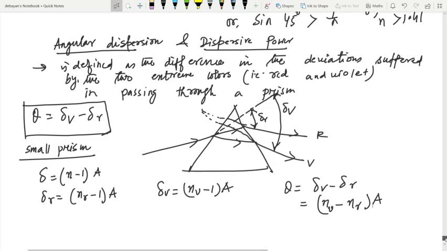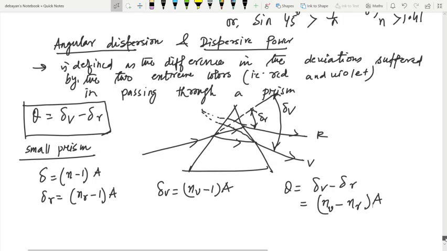And dispersive power can be written as the ratio of angular dispersion to the mean deviation, that is theta divided by delta, where delta is the mean deviation.